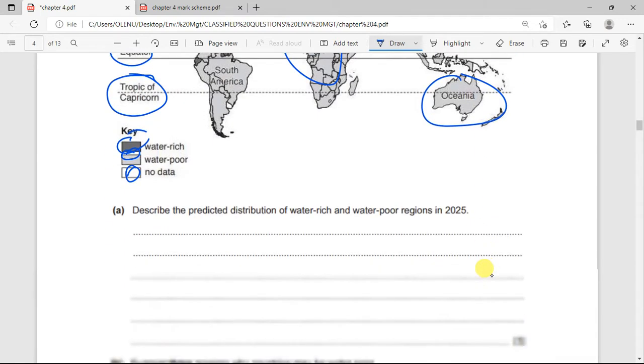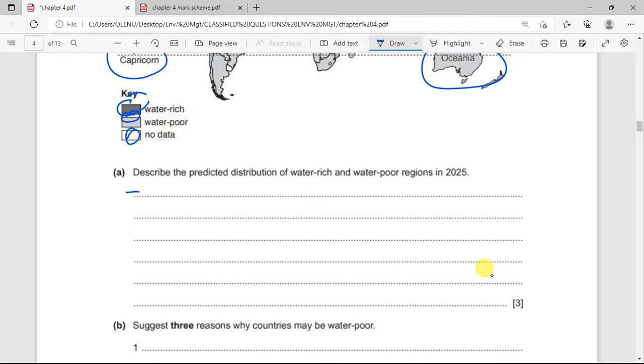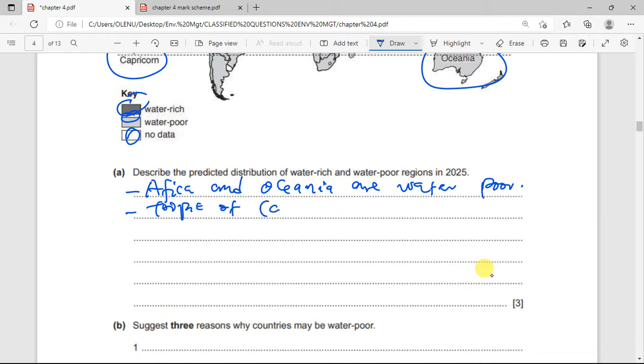First, I'll come down. Africa and Oceania are water-poor. Another thing, around the Tropic of Capricorn are water poor.